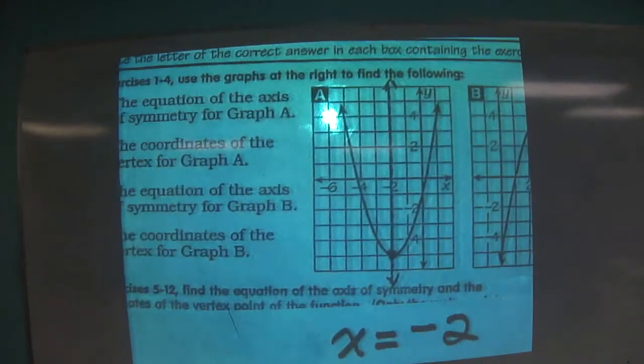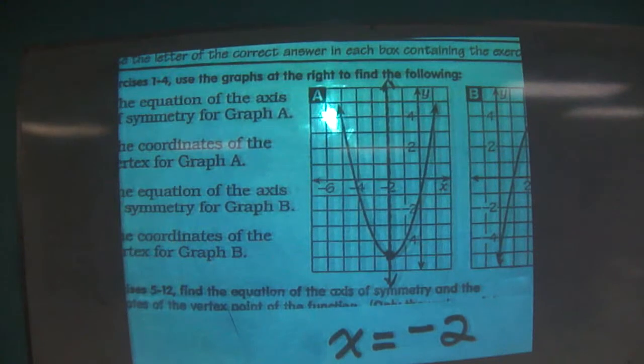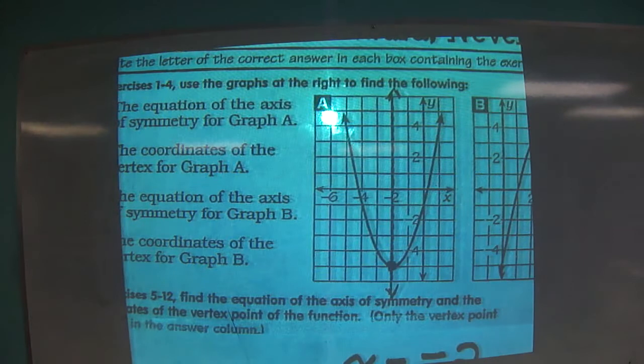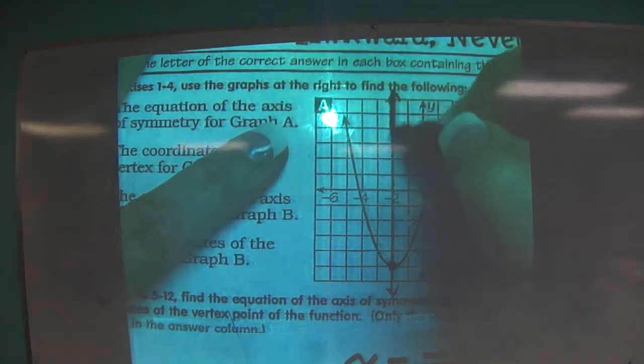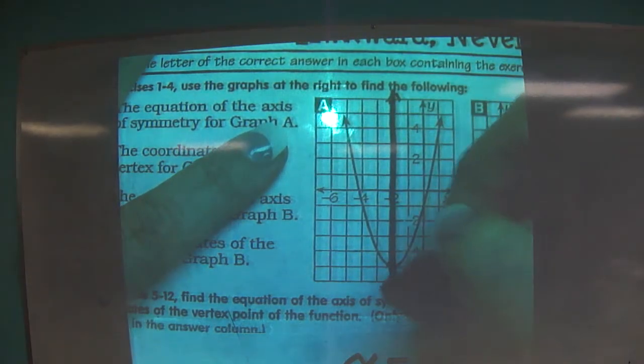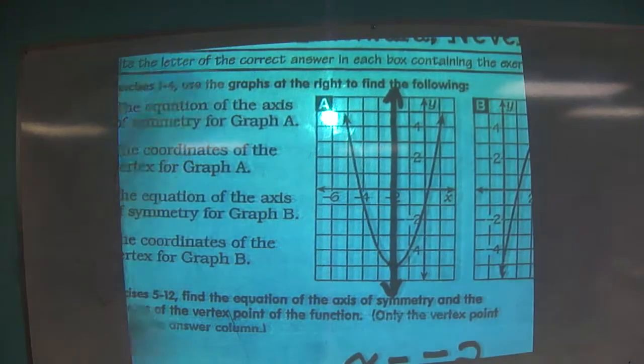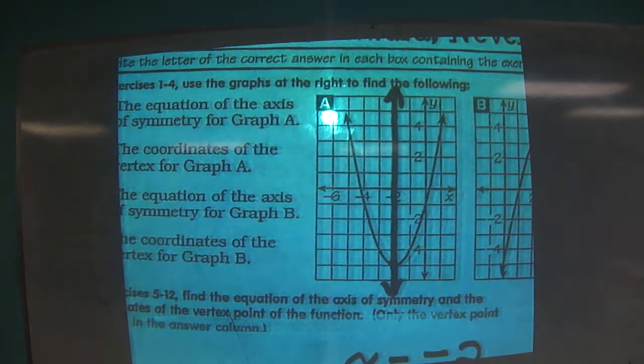Literally, that's all we're talking about. The axis of symmetry. So if we talk about an axis, what's an axis? The Earth rotates on its axis. If we spun the parabola around on this, would it change shape?